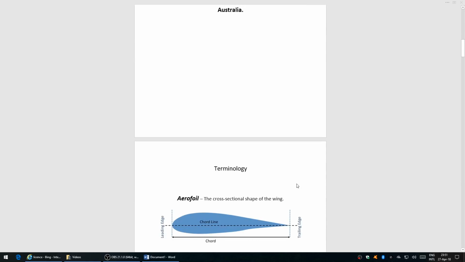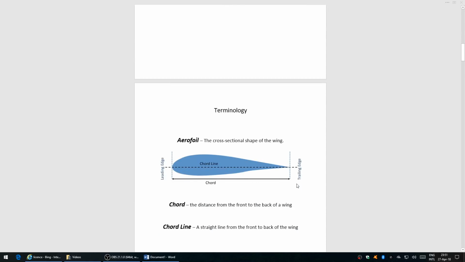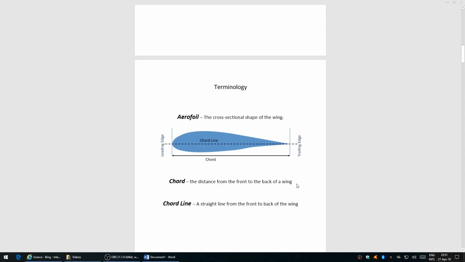So let's have a look at some of the terminology, and what I'm going to do is just go through the main points very quickly. Talking about aerodynamics for too long can be a total drag, so I'll try to keep it short and interesting. Firstly, the aerofoil. The aerofoil is the shape of the wing, as you can see here with this blue outline.